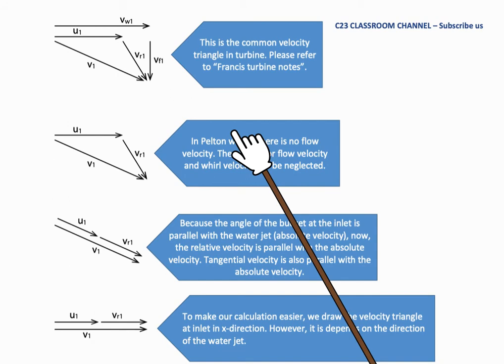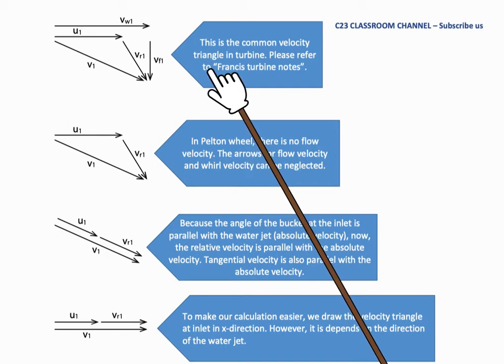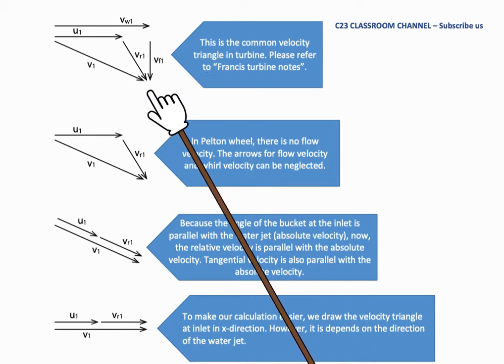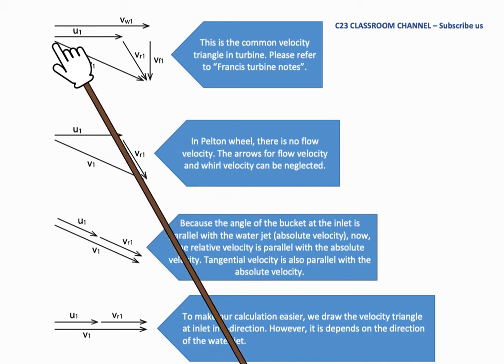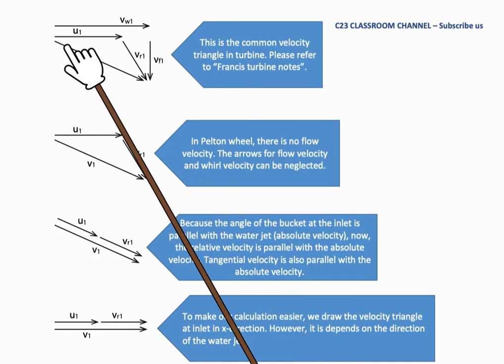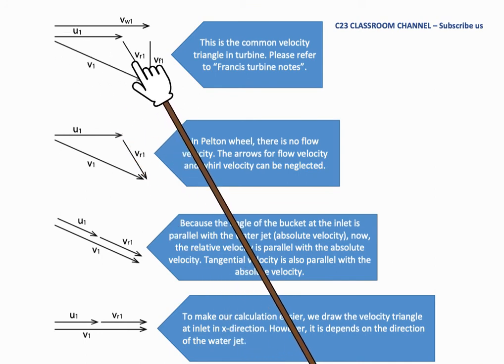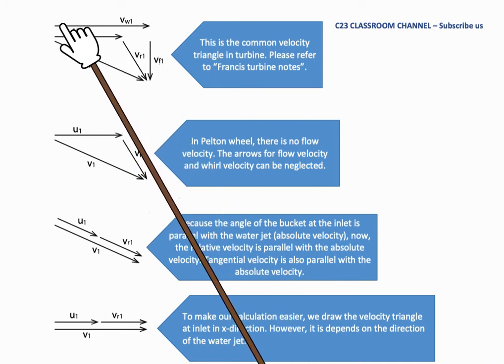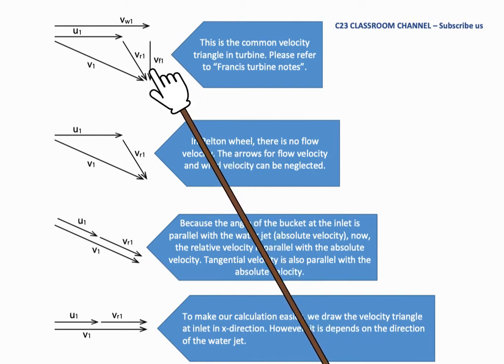So this is another simple hint for you to remember how to draw the velocity triangle at the inlet. Normally in a Francis turbine, we draw our velocity triangle like this. We have V1 here, and then we have U1 and VR1, then we have V1 and VF1.